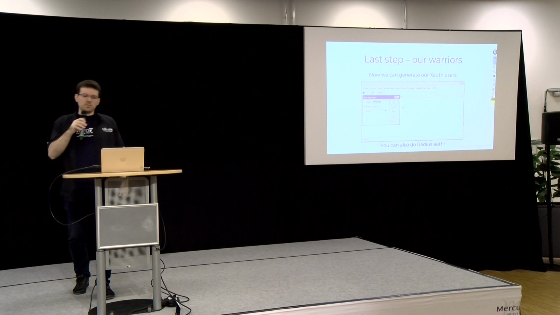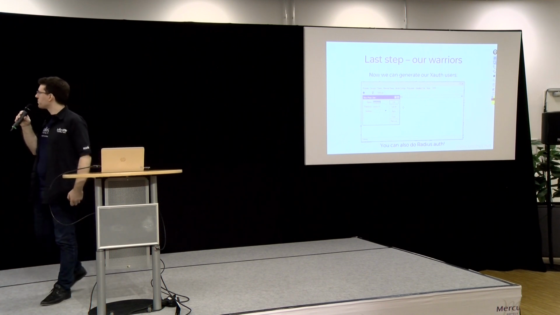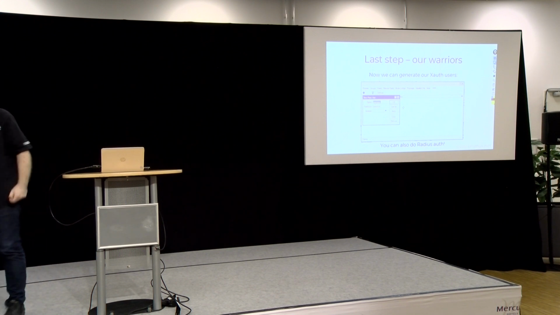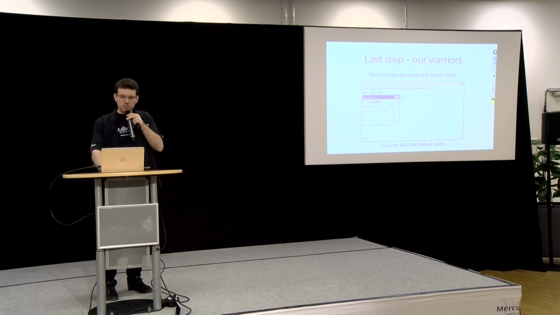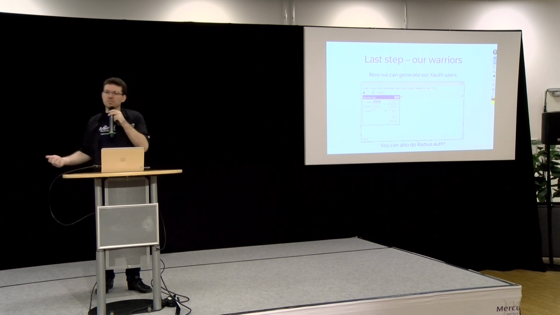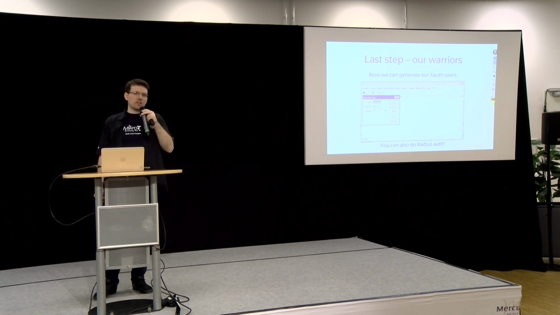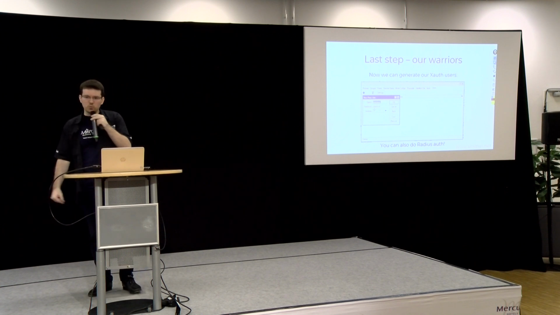So last step is to actually define our road warriors, to recruit our army. So we can now generate our XAuth users. And we do this simply by going in the IPsec window into users and generating usernames and passwords. I can also overwrite what IP address this particular user will get if I choose to, or I can just leave it to be random from the pool.